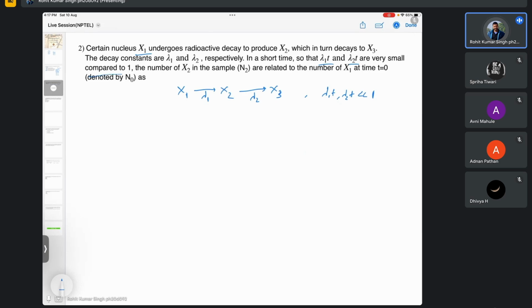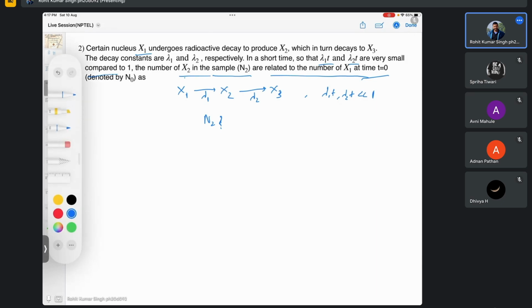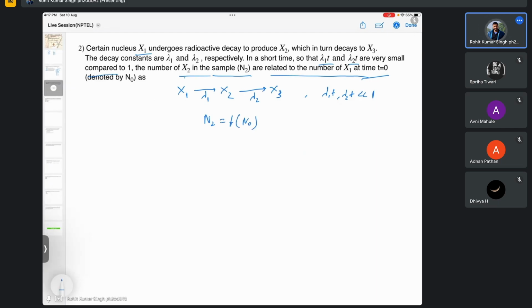As compared to 1, the number of X2 in the sample is related to the number of X1 at time t equal to 0. So we have to find N2 in terms of N0.